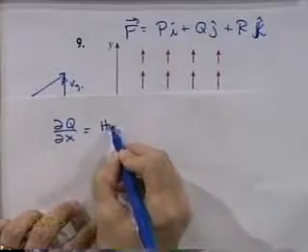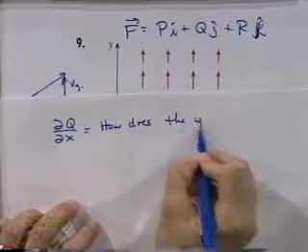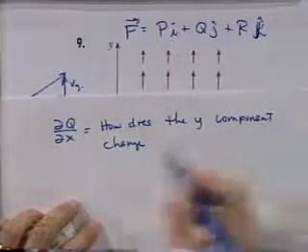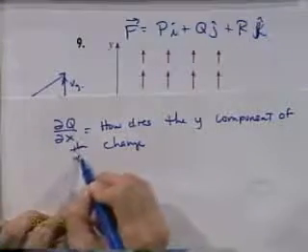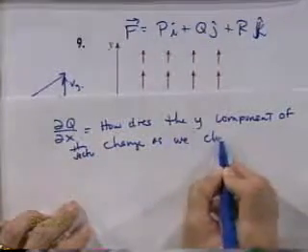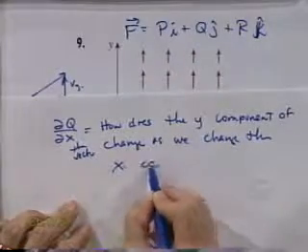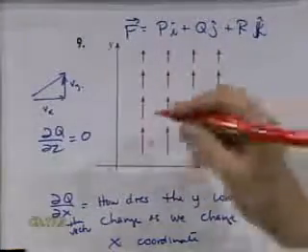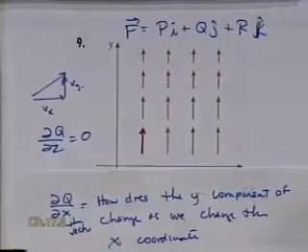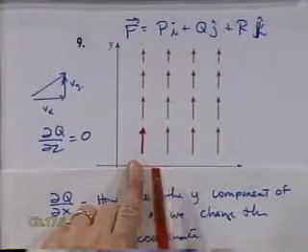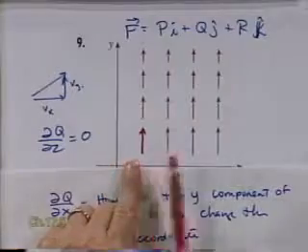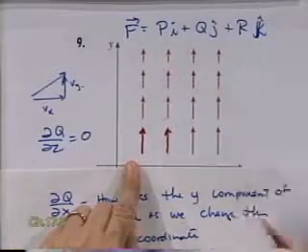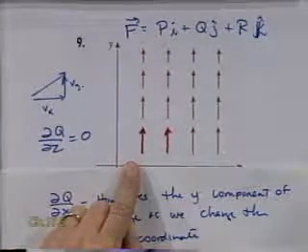Y. It means how does the y component of the vector change as we change the x coordinate. Okay, here's my vector. When I change the x coordinate, which way do I go, to the right or to the left? Let's go to the right because I don't have anything drawn for the left. If I go to the right, how's my vector changing? It's not changing at all.